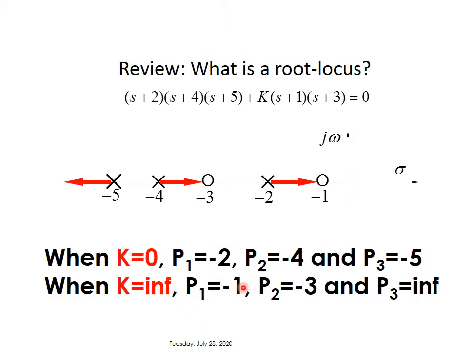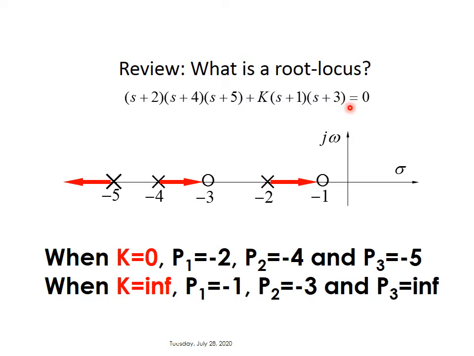And if we take a look at this P1 minus 1, P2 minus 3, and P3, these terms, k multiplied by s plus 1 multiplied by s plus 3, if we look at our system, these are basically our zeros. These are the terms located in our system at the numerator of the fraction.